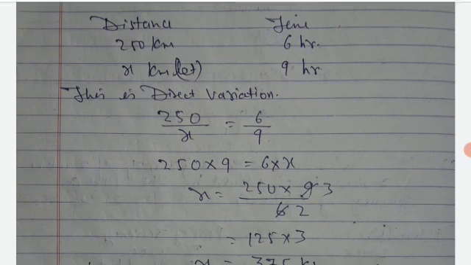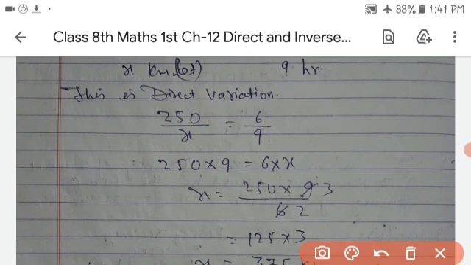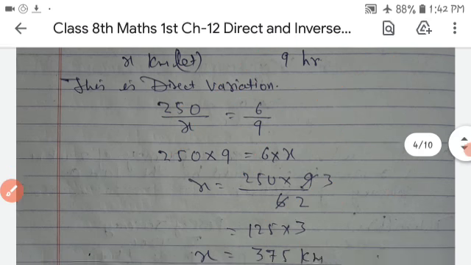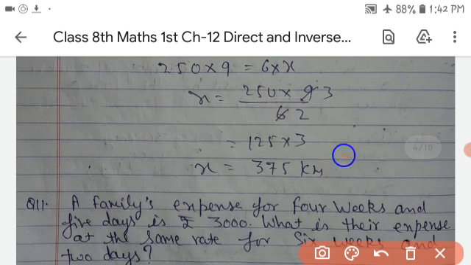Now 250 upon x is equal to 6 upon 9. 250 into 9 is equal to 6x. Now the value of x equals 250 into 9 upon 6. Now cancel out. 3 twos are 6, 3 threes are 9, and 2 cancels out, 125 here. 125 times 3 is 375. Answer is 375 kilometer.